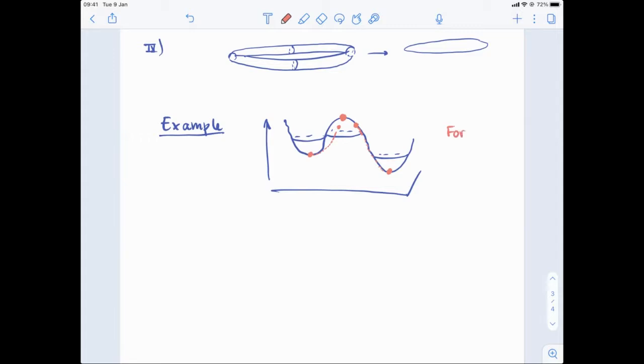So this is for a function from R2 to R. Okay, so this is the gradient flow. So what you think really is that this point was down here and you evolve it to this point here, and this point was right here and you evolve it to this point here, etc.